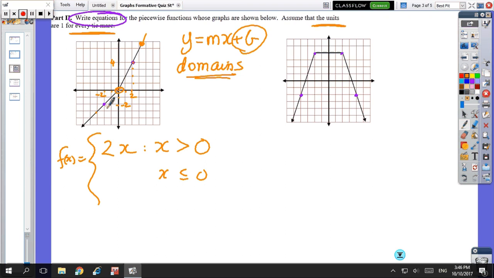The rise is minus 2 over minus 2, which is 1, and so it's y equals x. This is how we write it. We have a curly bracket, you have the equation of the line, which is y equals mx plus b, and then you write the domains. Have a go at the next one by yourself, and when you're ready, come back.